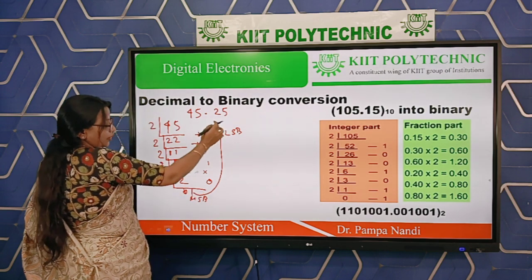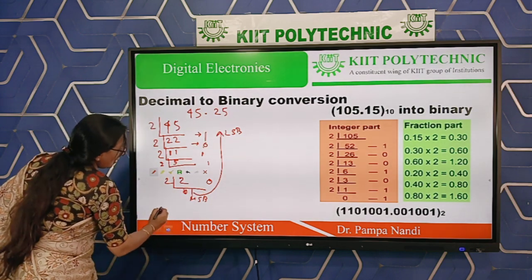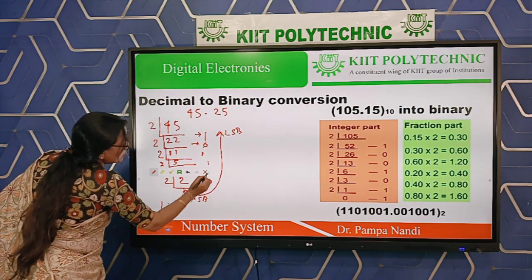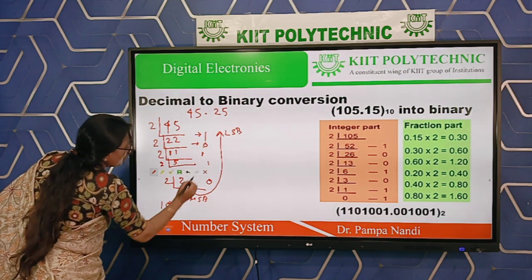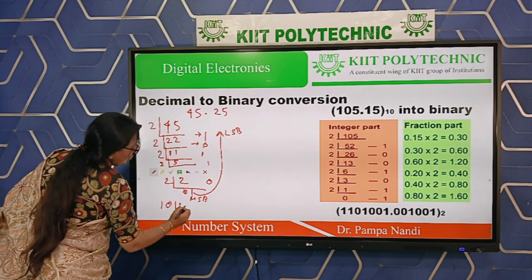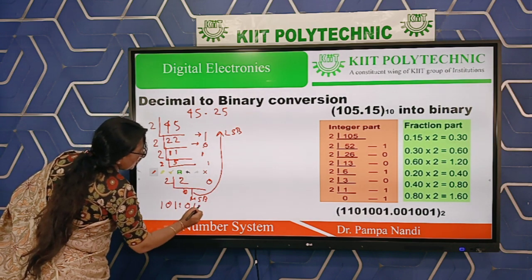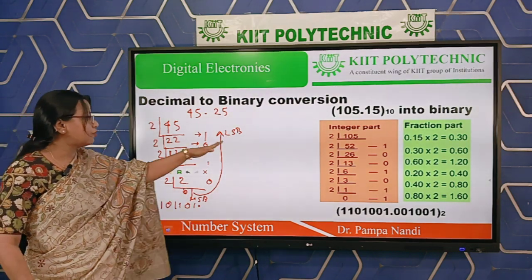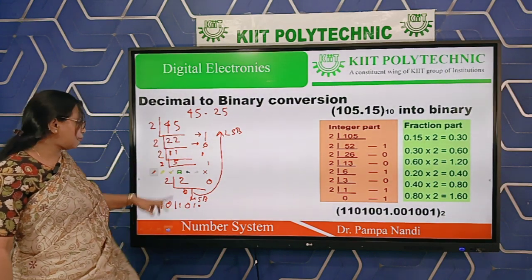So MSB to LSB we are writing here, that is 1 0 1 1 0 1, that is the equivalent of 45.